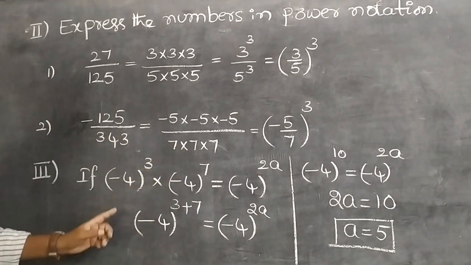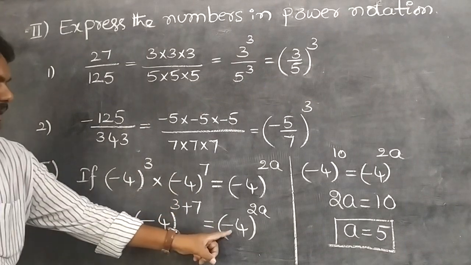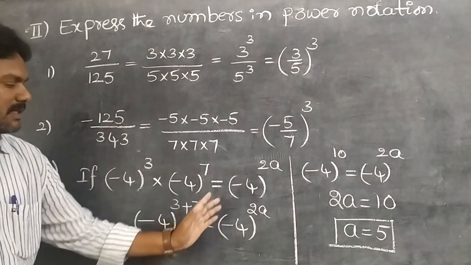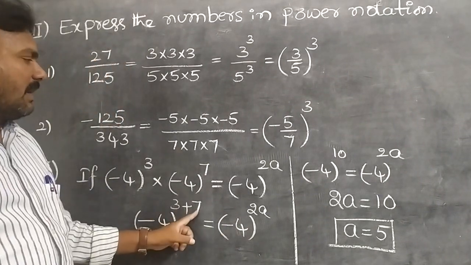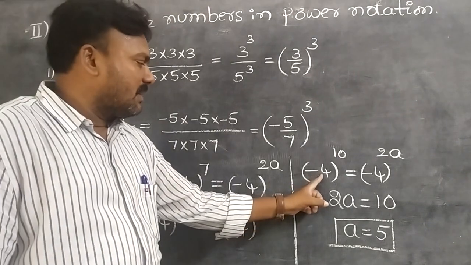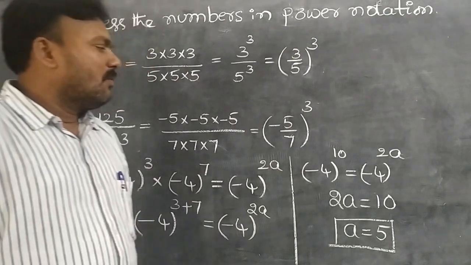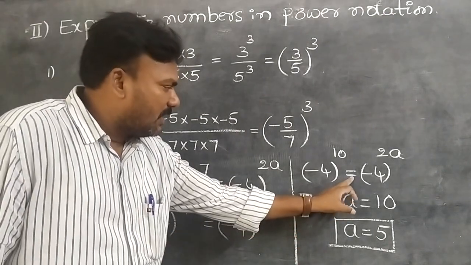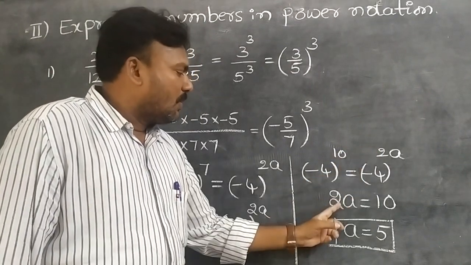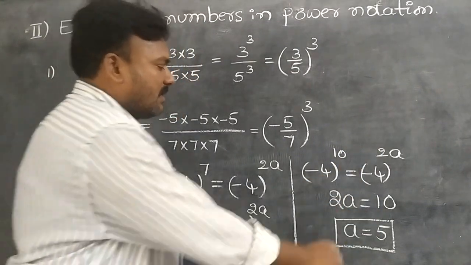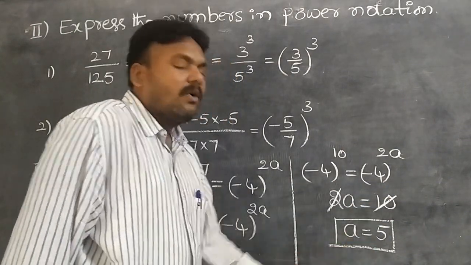So minus 4 whole power 3 plus 7, while the RHS is expressed the same way. Next, 3 plus 7 equals 10. So minus 4 whole power 10 equals minus 4 whole power 2a. We know that if two terms are equal and the bases are equal, the exponents must be equal. So 2a equals 10. Strike off the 2 and the 2 in 5s. So finally a equals 5.